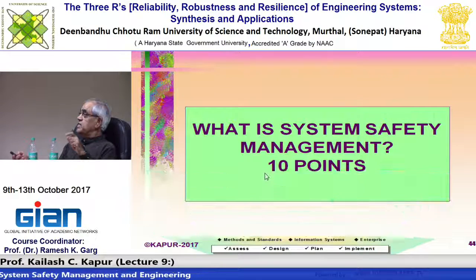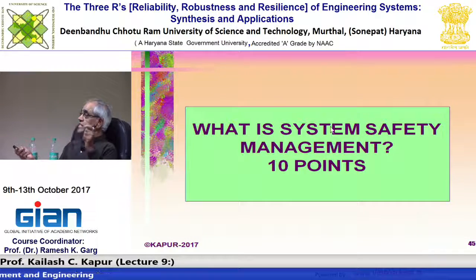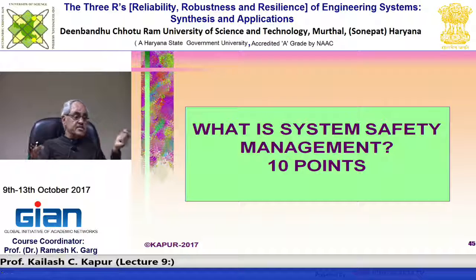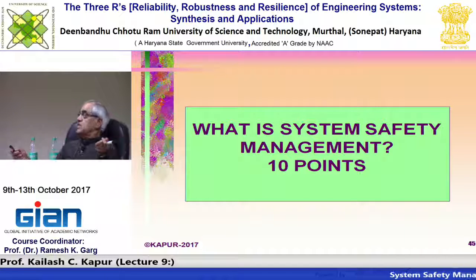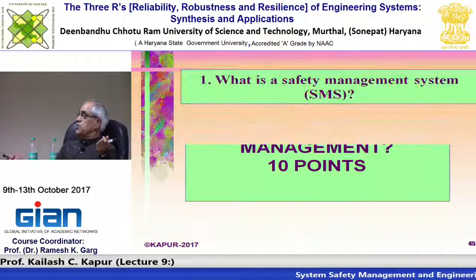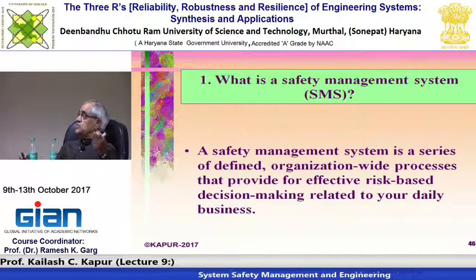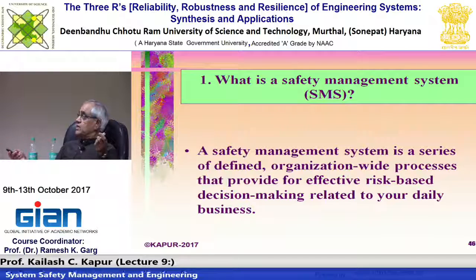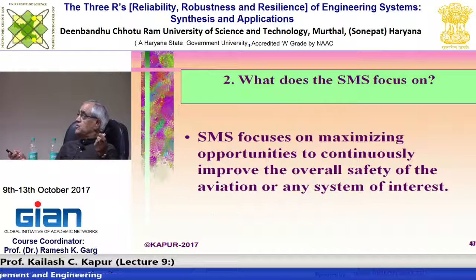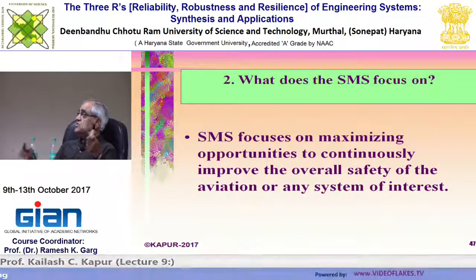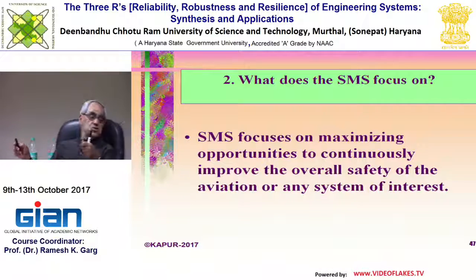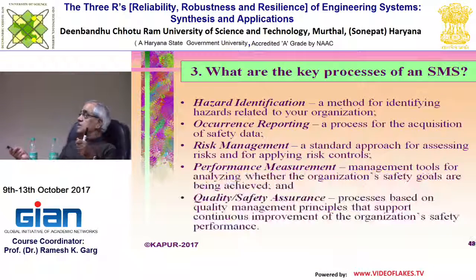Then we could say how you apply all these ideas to manage safety in an organization. And here, we put in 10 points. So it says, what is system safety? Then you could say, what does system safety management focus on? What are the key processes of system safety management?